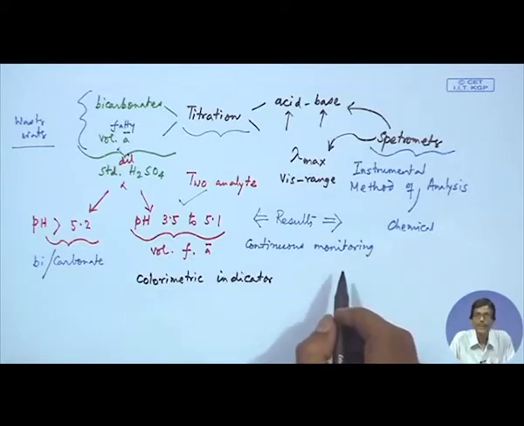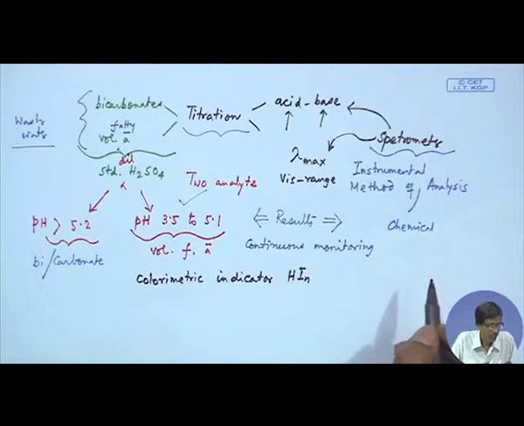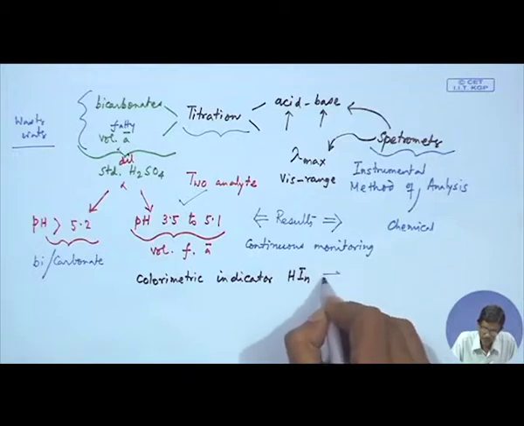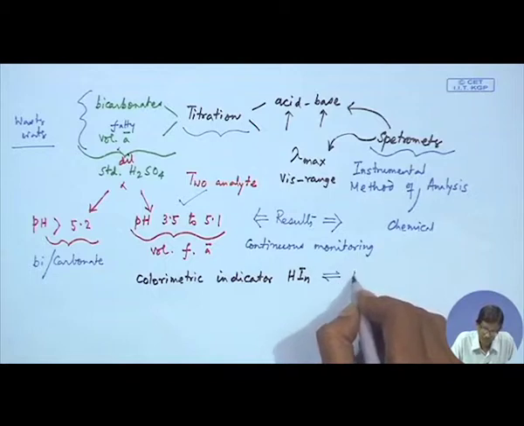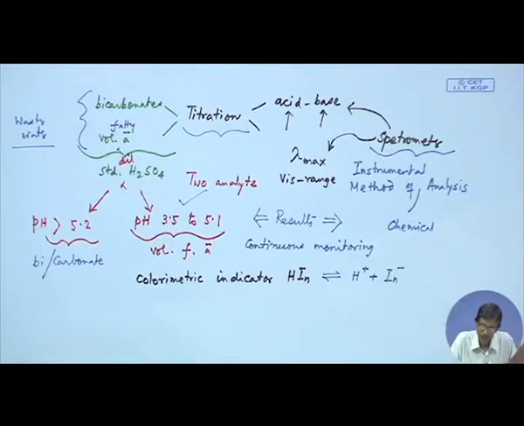That particular indicator is again a weak organic acid, and as we all know now, it can remain in chemical equilibrium, giving rise to the liberation of the corresponding proton and the anionic form of the indicator, In minus.